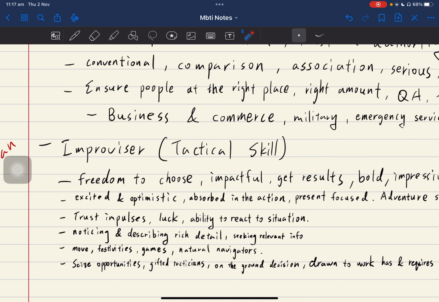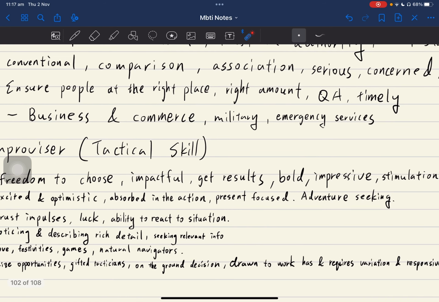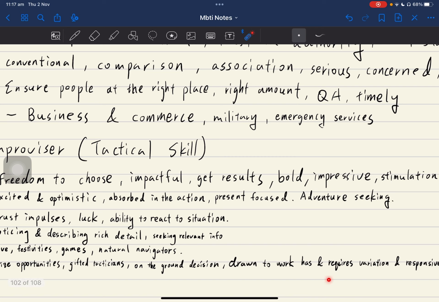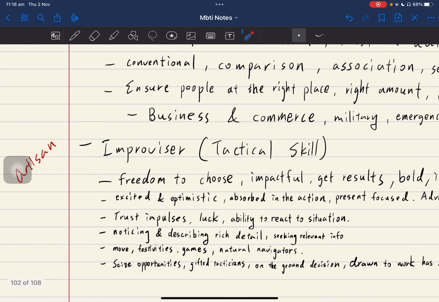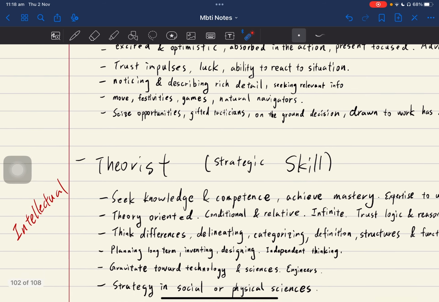So I think they are like the adventure team leader, kind of, and seize opportunities, gifted tacticians, on-the-ground decision making, drawn to work that has or requires variations. Work that requires you to improvise is the kind of work they really enjoy and thrive in, and responsiveness. So these are the artisans.